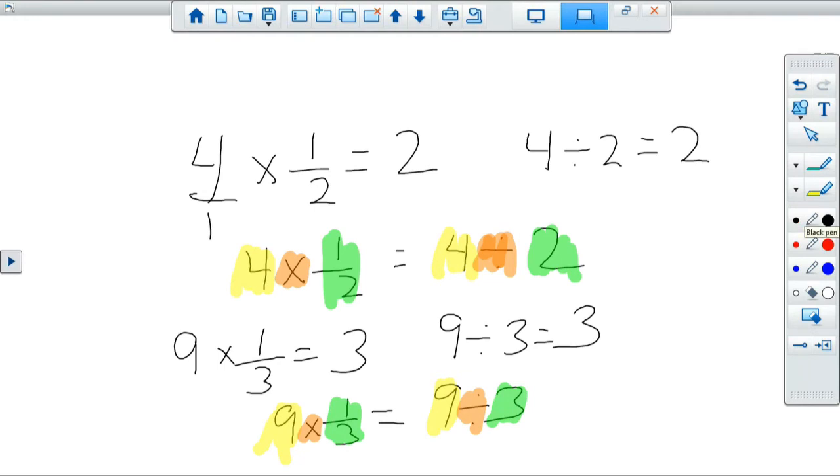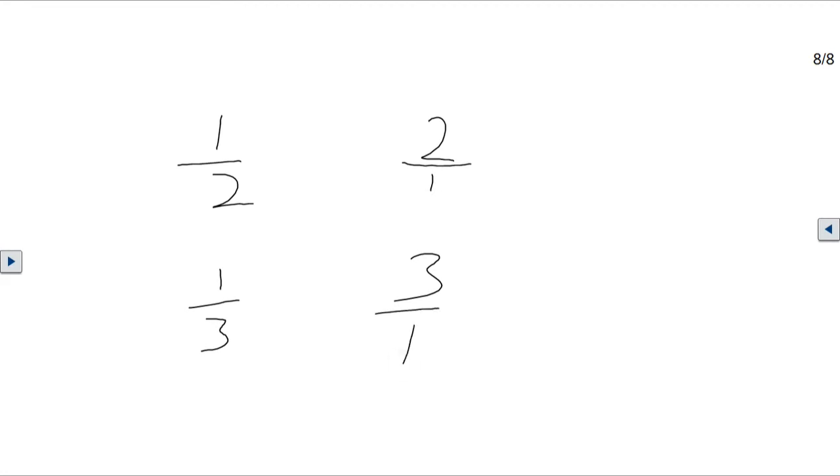So let's talk about those numbers. 1/2, 2. 1/3, 3. Maybe visually, if you think about a whole number as being over 1, we might see the relationship. The second number is basically the first number with the numerator and the denominator flipped around.